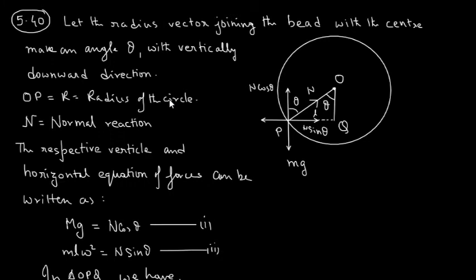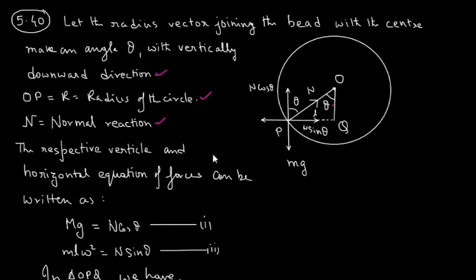5.40 solution. Let the radius vector joining the bead with the center make an angle θ with the vertically downward direction. So this angle we are talking about is this θ. So OP = R, the radius of the circle, and N is the normal reaction.